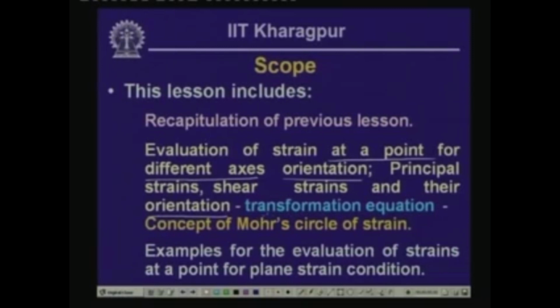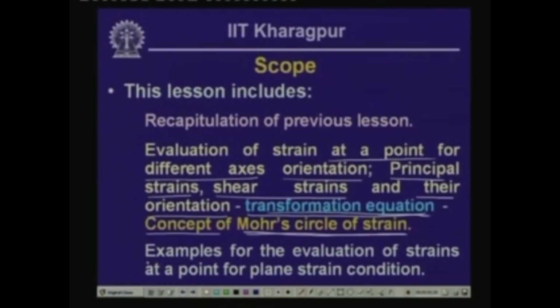Also, we will be looking into the evaluation of principal strains, the evaluation of shear strains and their orientations with reference to the rectangular axis system through the transformation equation, which we have dealt with to a certain extent last time, and also we will introduce the concept of Mohr's circle of strain, similar to the Mohr's circle of stress as we have discussed already.